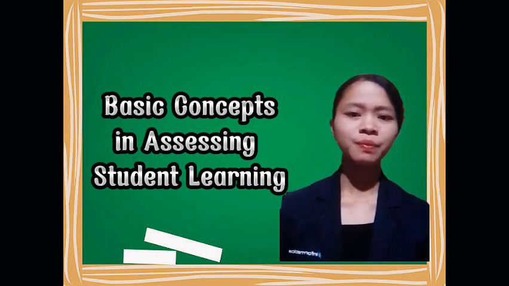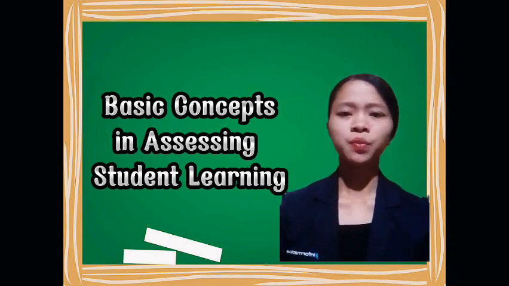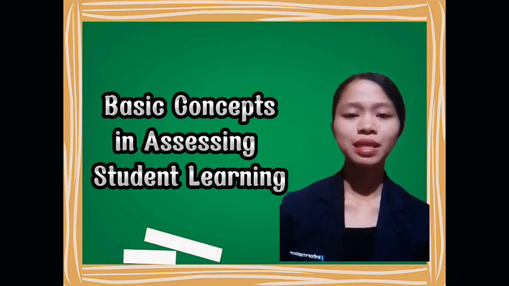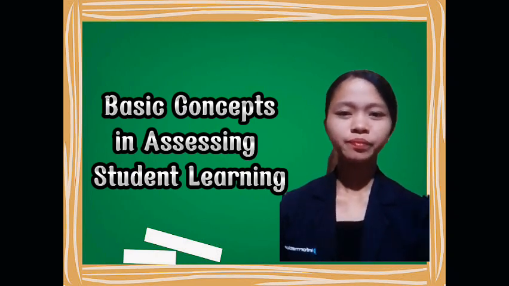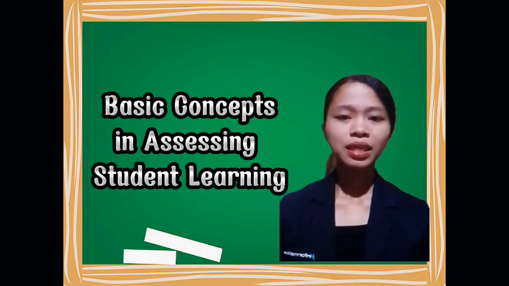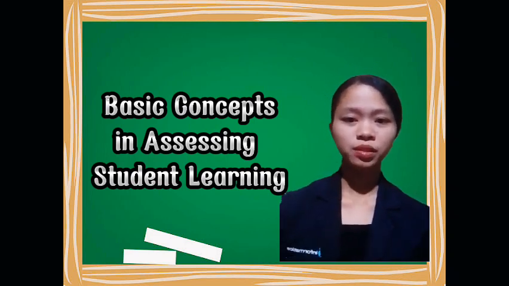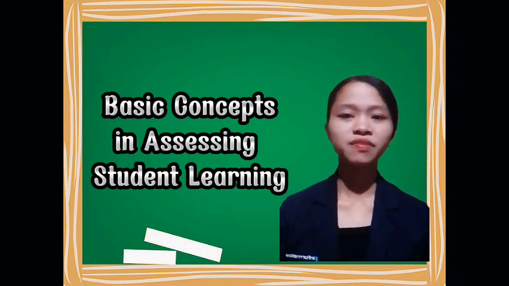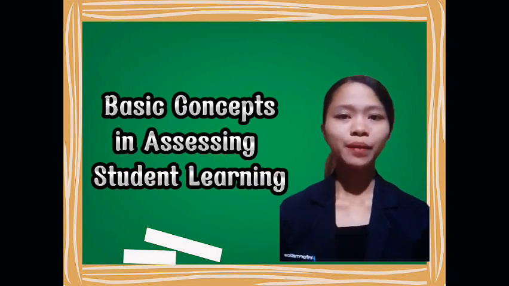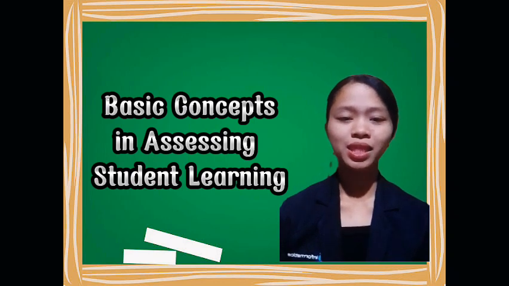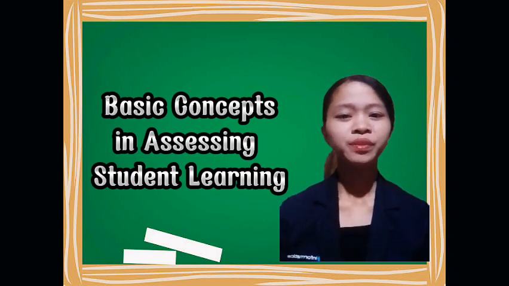As far as I remember, the first discussion we had was the basic concepts in assessing student learning. That includes the types of measurement, objective measurement and subjective measurement. We also talked about the types of evaluation and the modes of assessment, which include traditional assessment, performance assessment, and portfolio assessment.